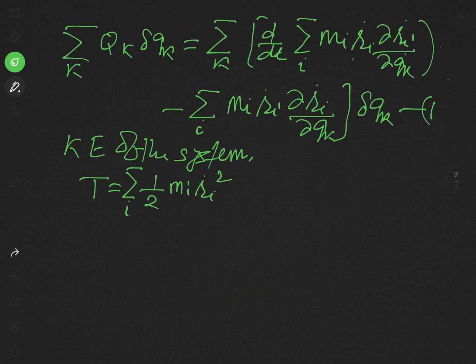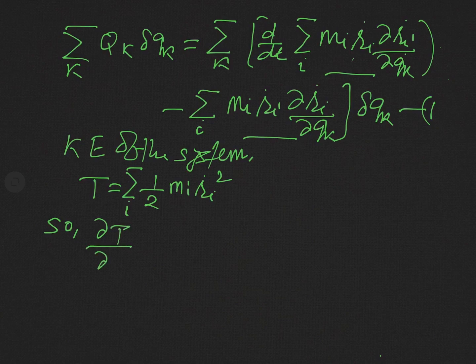Now we want to replace this term and this term in terms of kinetic energy. For this, we will partially differentiate T with respect to qk and qk dot. So we have del T by del qk. What will this be?